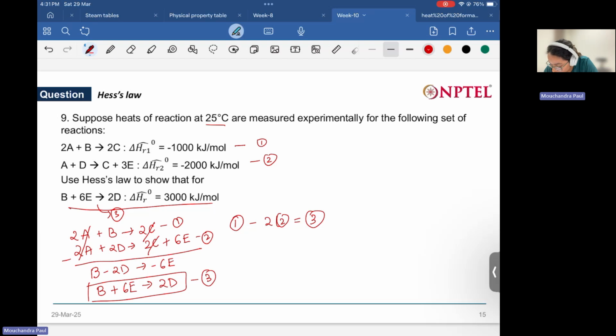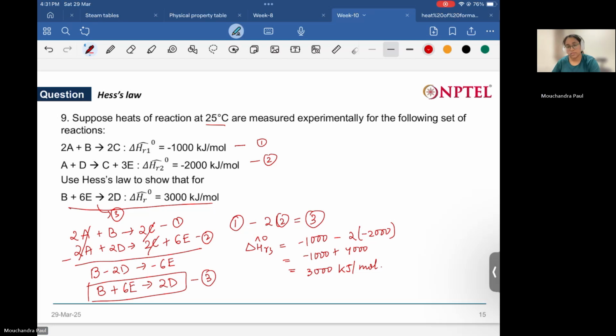So we have to follow the same rule for the heat of reaction for reaction 3. So it will be minus 1000 minus 2 into minus 2000. So what you would get is 3000 kilojoule per mole. This is how we showed that. It's easy, right?